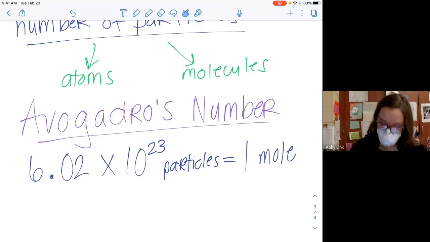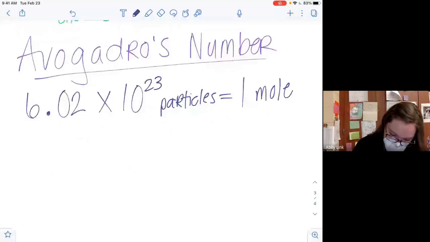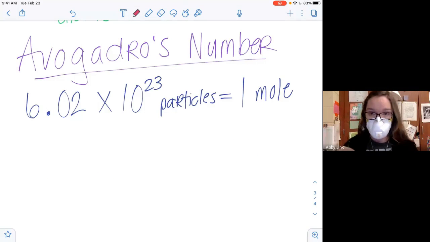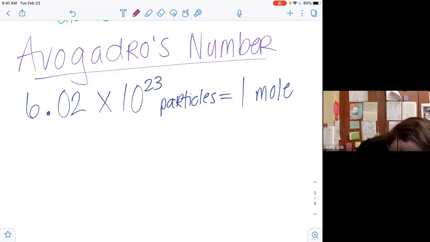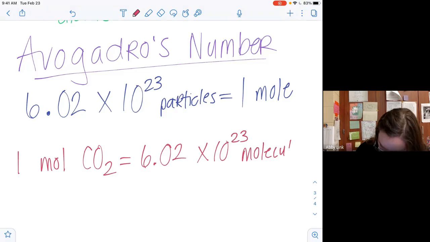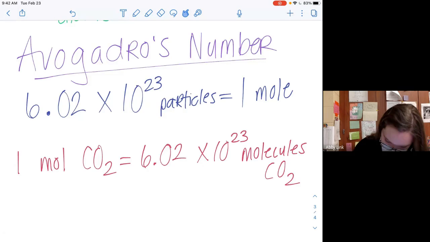So for instance, just to give you 2 examples here, using the atom word and then using the molecules word, right? In 1 mole of carbon dioxide, there are 6.02 times 10 to the 23rd molecules of carbon dioxide.